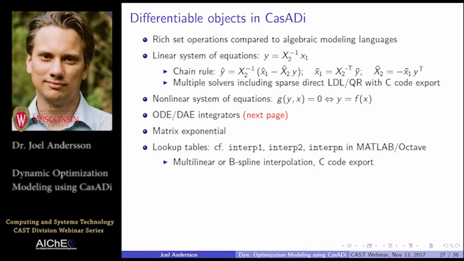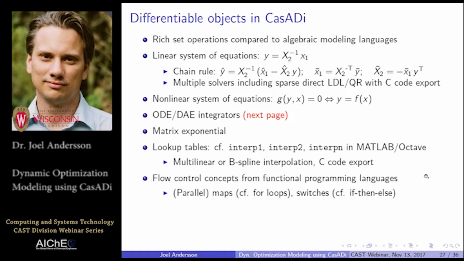We have two types of lookup tables implemented: a multilinear implementation and B-spline interpolation. These are similar to the codes you have in MATLAB/Octave, but with both C code export and the ability to calculate derivatives.